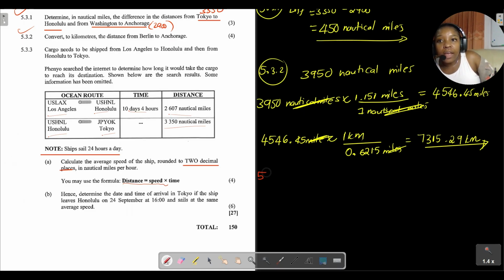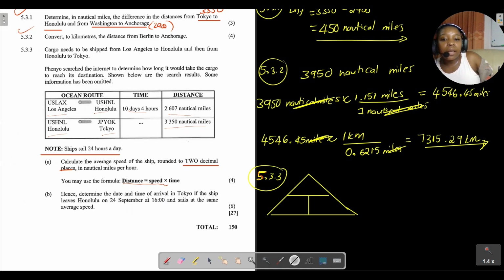This is question 5.3.3. How do you manipulate this formula? Please just remember, we can draw this triangle. I've discussed this as well in my revision lessons. Draw this triangle. We've got speed multiplied by time. If we are multiplying, they're just next to each other. This is my speed, this is my time, and the distance is going to be at the top.